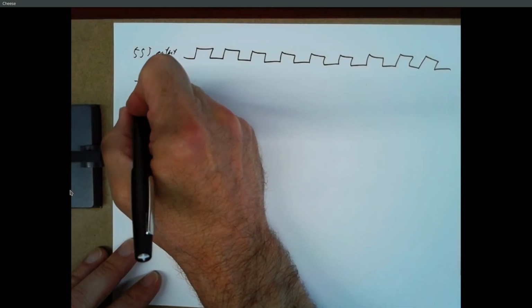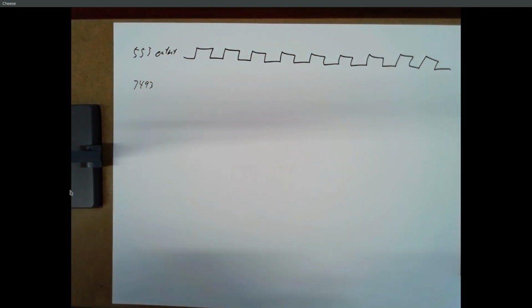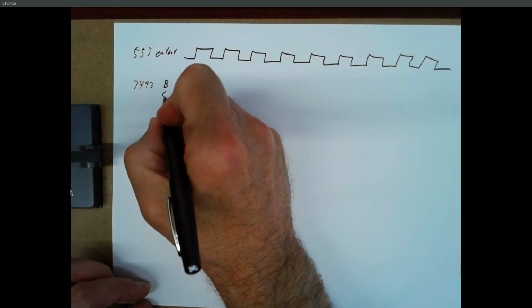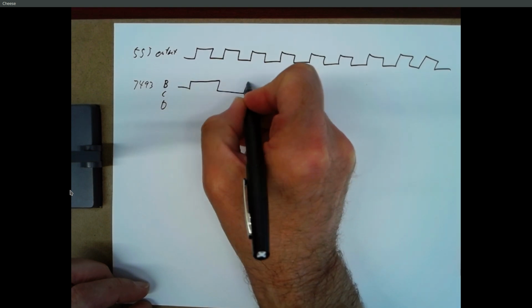So here's your 7493, and if you wired it the way that I suggested, where you feed into input B, then your outputs from here I think were B, C, D, and you should see something like this.